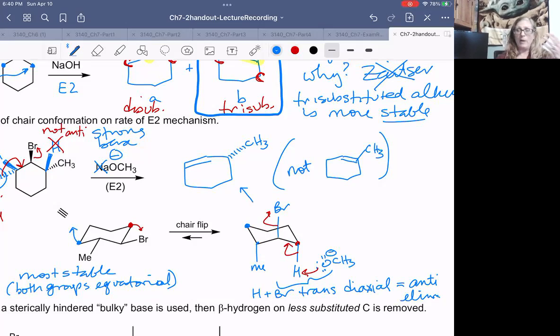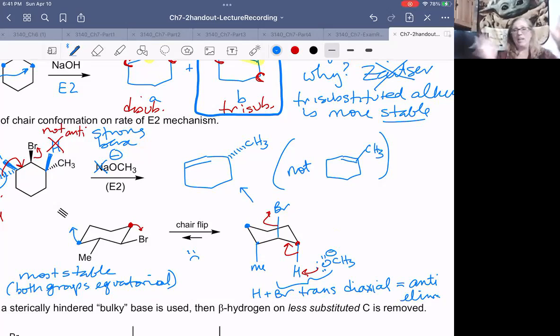Okay, so why am I pointing this out? Well, if you happen to have a leaving group that's on a cyclohexane ring, keep in mind that in order for the E2 to happen, that leaving group must be in an axial position. That's usually not where groups want to be. So that's part of the reason that some E2s are going to be slower than others, because sometimes we have to do this unfavorable chair flip in order to get to the correct conformation.